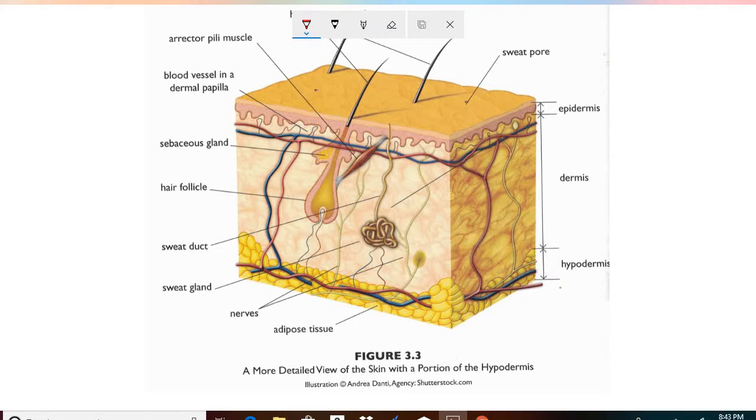So this hypodermis, as I said, is not part of the skin. It is comprised, as I said, of adipose tissue, which we see a lot of here, and then it is also comprised of loose connective tissue.